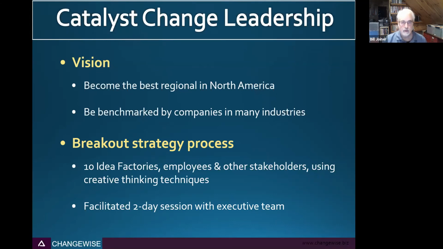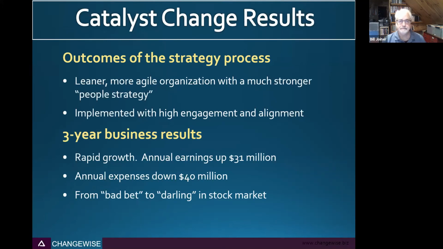Well, again, bottom line, what happened from this process, which was a catalyst type process, right? Because of the type of vision, the degree of engagement of stakeholders, and the use of creative thinking techniques in the strategy process, it resulted in a more agile organization with a much stronger people strategy.